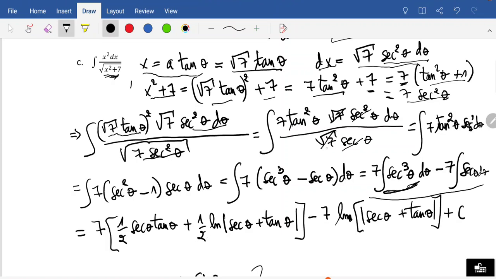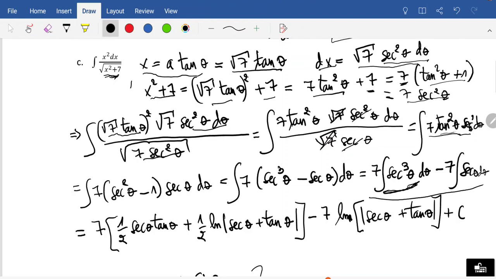So we can clearly see that we can simplify root 7 in the numerator and the denominator, as well as sec theta. Then we are left with the integral of 7 tan squared theta sec theta d theta.